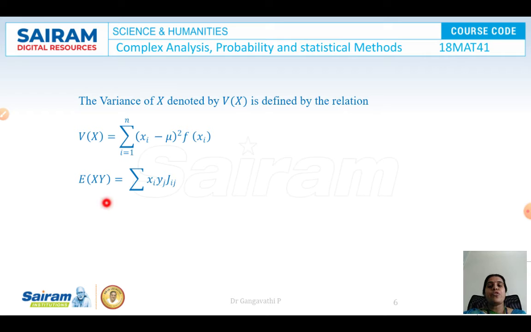If it is a joint expectation of xy, then it is summation of xi yj, where i takes the values 1 to n and j takes the values 1 to m, so xi into yj into j_ij, the joint distribution of x and y. So E of xy is this formula.